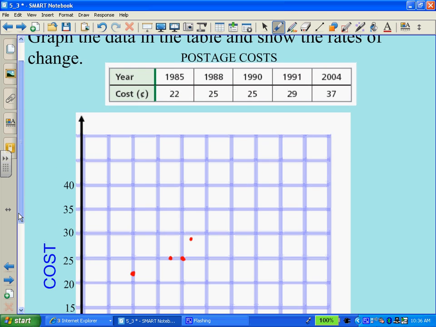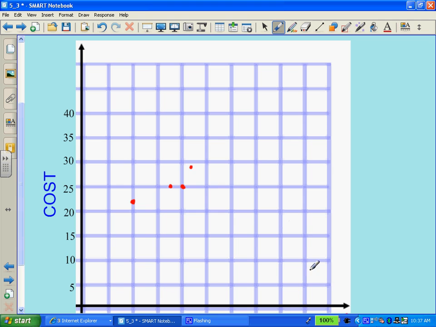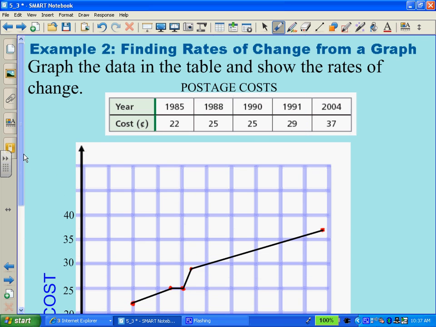And 2004 was 37. This is 2005 over here, so 2004, 37, is about right there. Then what we're going to do is connect these. So there we have our graph.